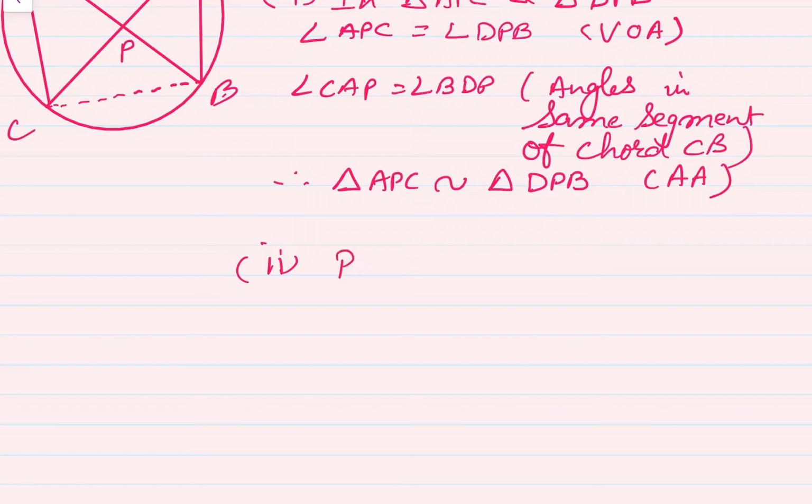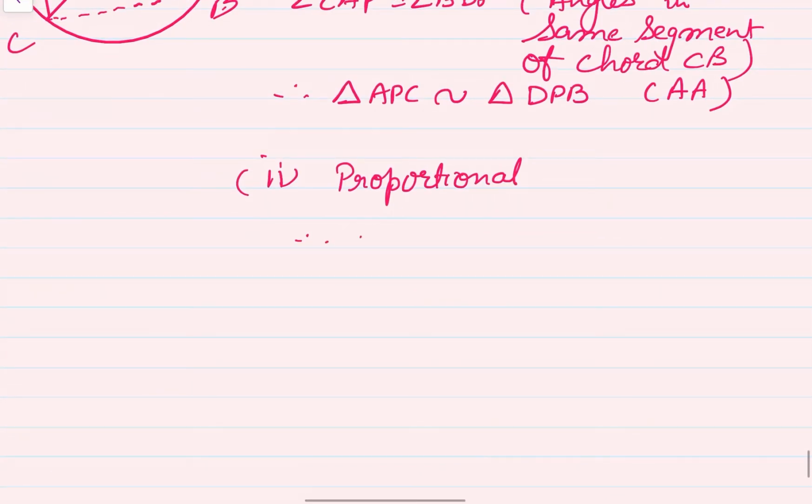And second proof is, according to this similarity, the proportional sides can be written in the ratio of AP upon DP is equal to PC upon PB is equal to CA upon DB.